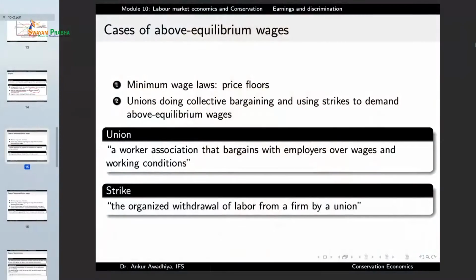Even in this case, the wages demanded are above the natural equilibrium of the market, and in a number of cases, because of these strikes or because of the inability of the firm owners to pay this high wage, they may just close the industry. So there will be a huge amount of unemployment. But this is also another case that is modulating the results of the neoclassical theory.